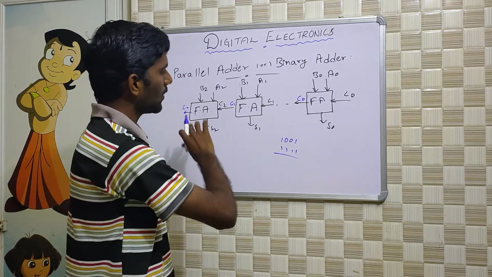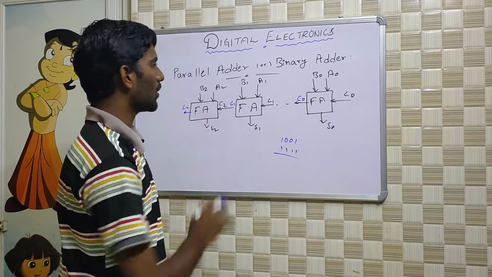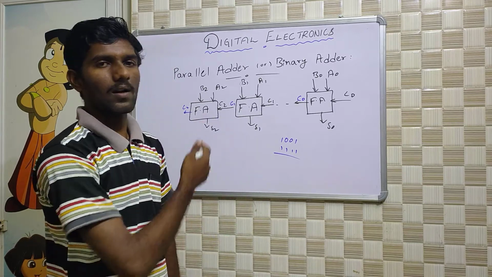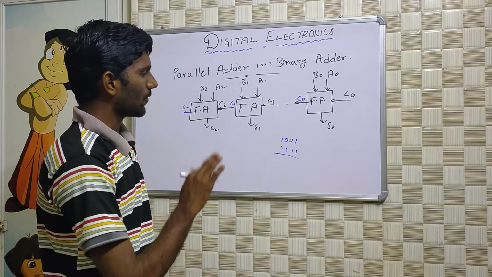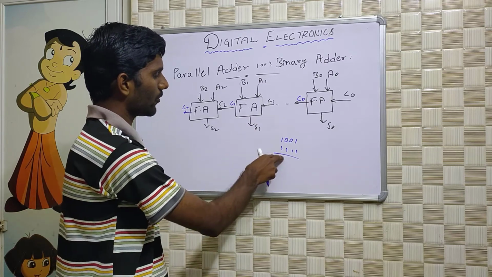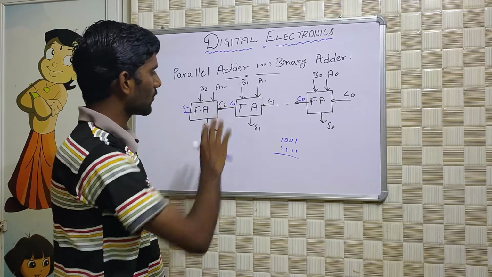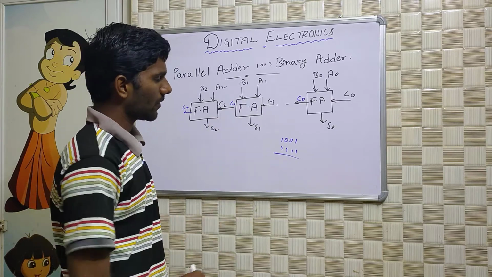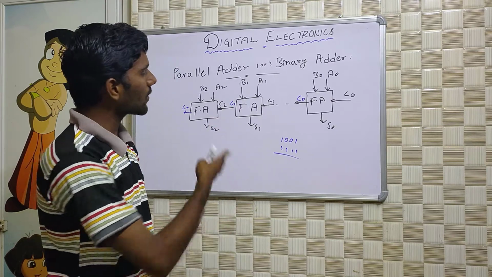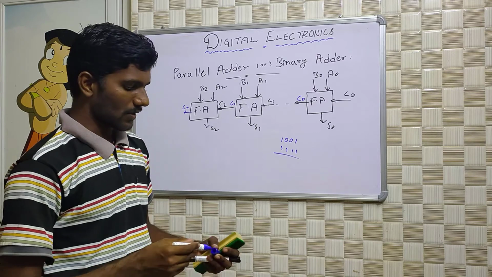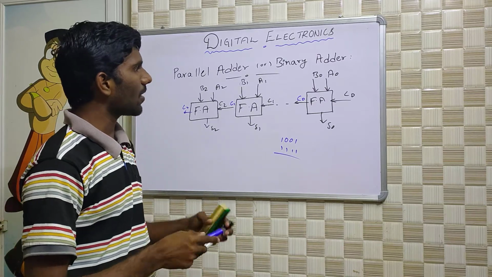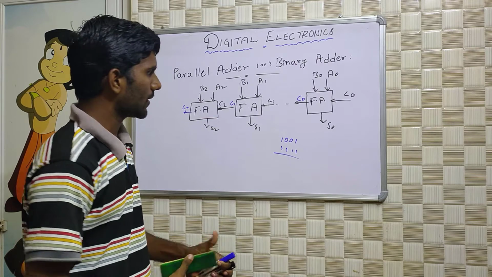By using full adders only, we are implementing a parallel adder or binary adder. For a 4-bit parallel adder we require 4 full adders. Similarly for 8-bit addition, we require 8 full adders. So this is a parallel adder or binary adder.